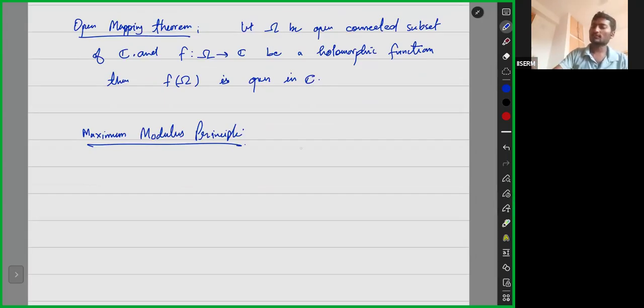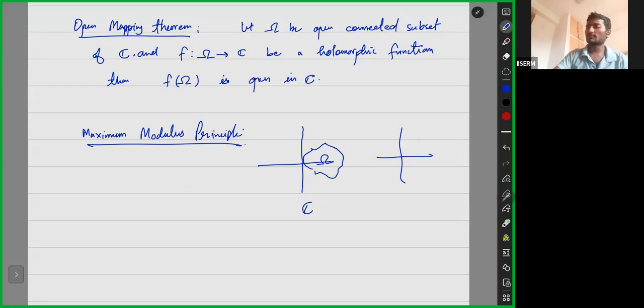What is happening? So here you have one complex plane, and here you have some open set omega, okay? And its image is going somewhere where it is open. This is, let's say, F, and the boundary is not here, okay? So I'm talking about the interior subset, the boundary is not what I'm talking about. So this is our omega and this subset is f of omega, which is the image.